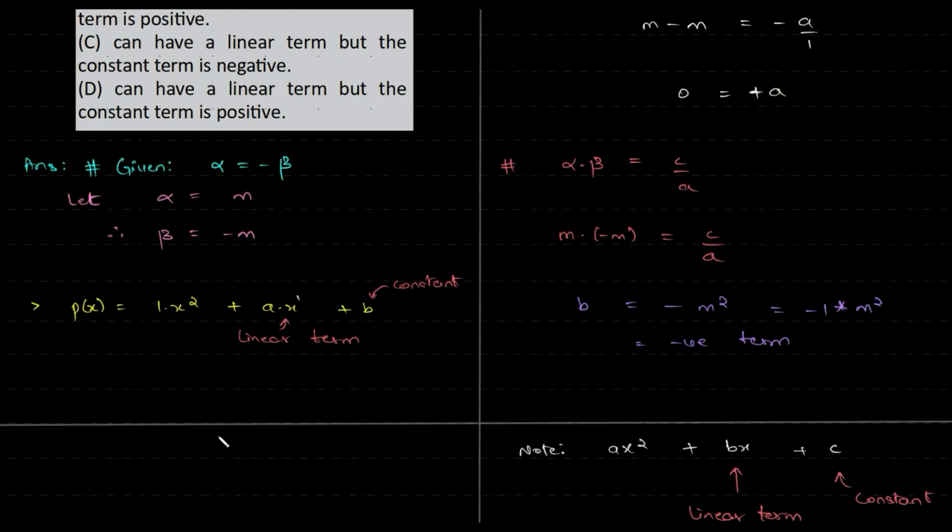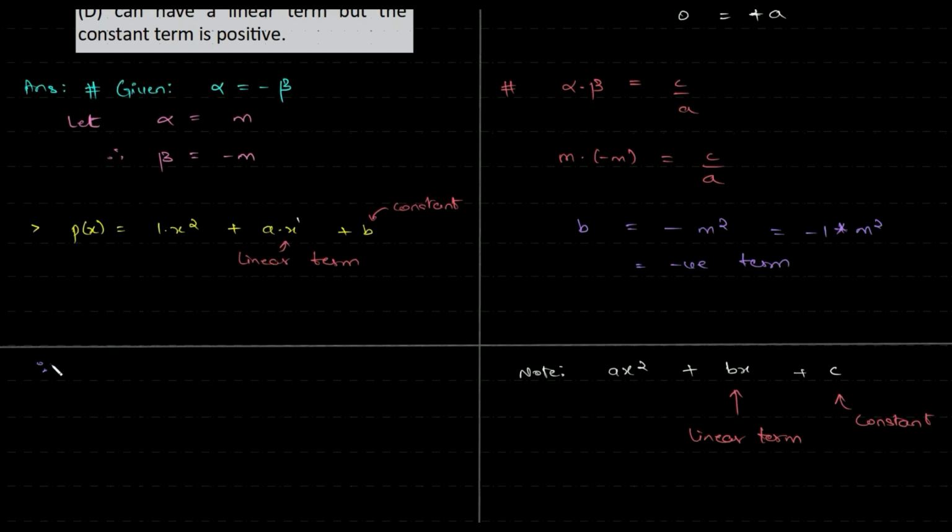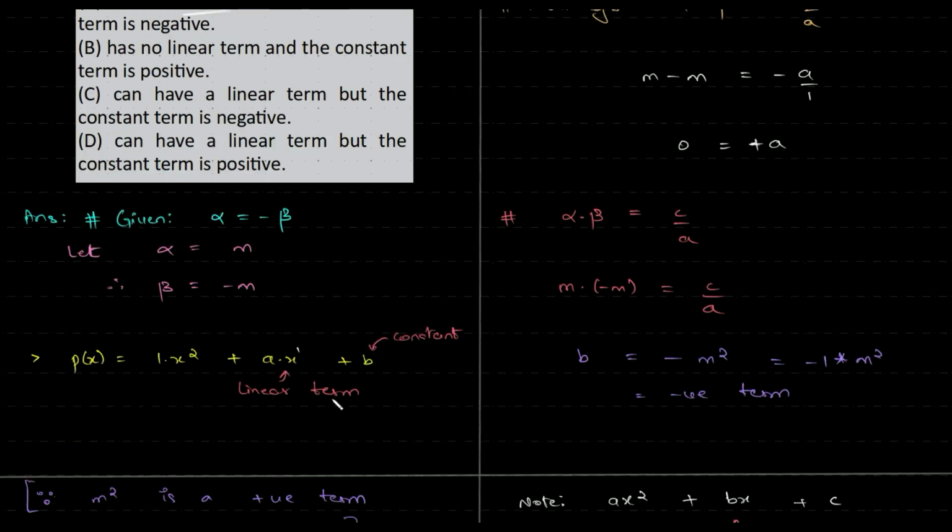I'll explain the reason also. Again, we are trying to understand the concept, not just answer an MCQ question. The reason being m square is a positive term, so minus 1 into a positive term is negative. Right, guys?